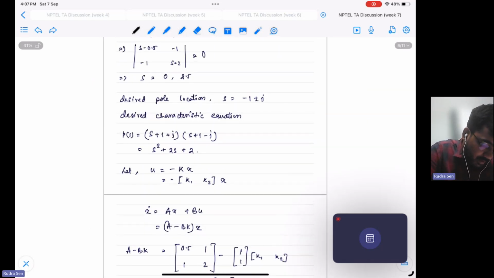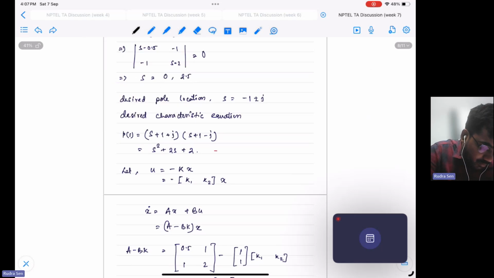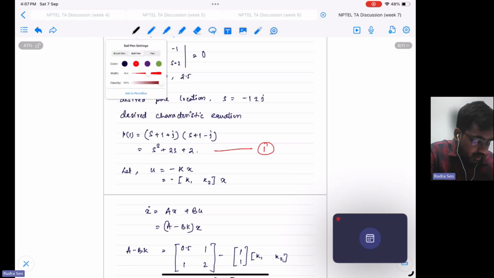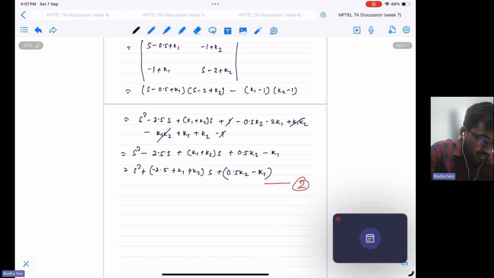Now this is the desired characteristic equation. I am marking this equation as number 1 and this equation as number 2.